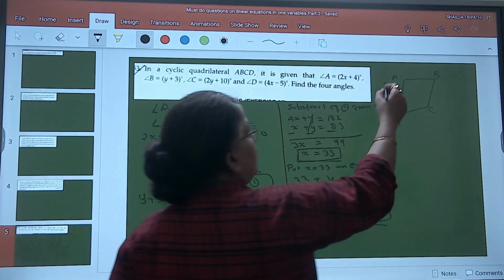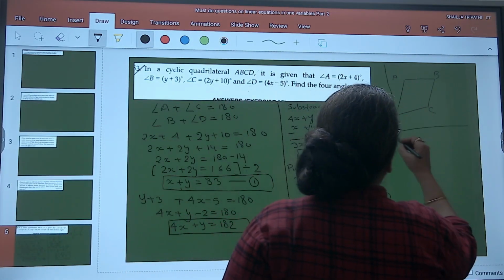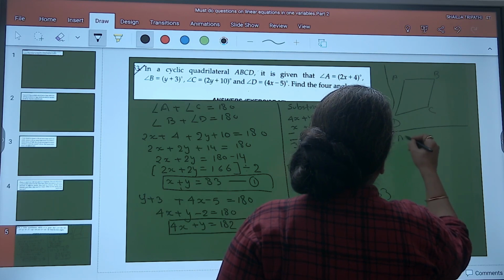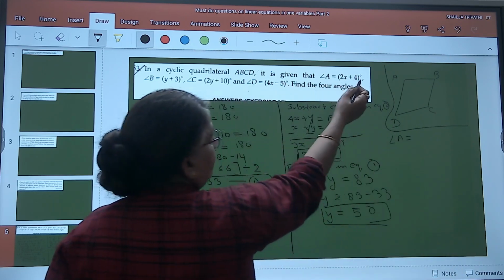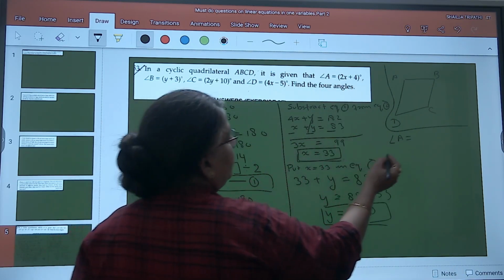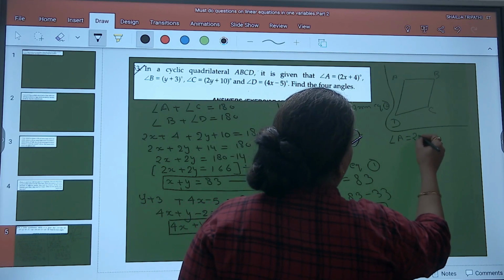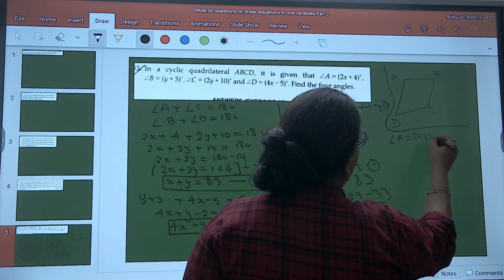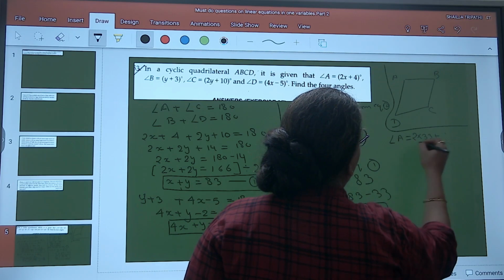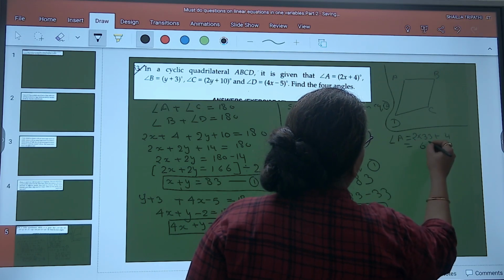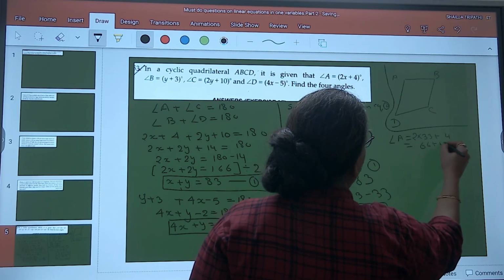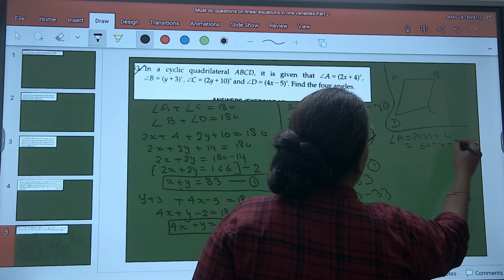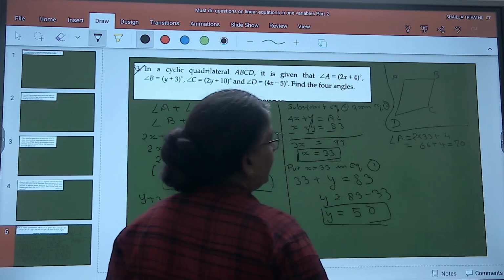So you can also do it the easy way. Our angle A will be 2x plus 4, that is 2 into 33 plus 4, that is 66 plus 4 is equal to 70.